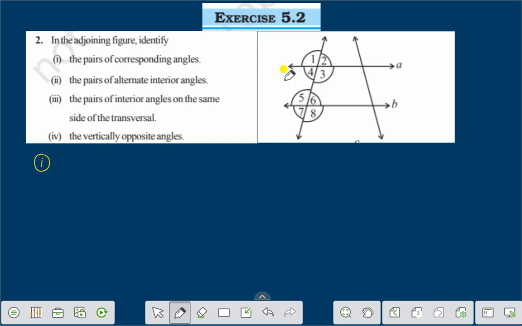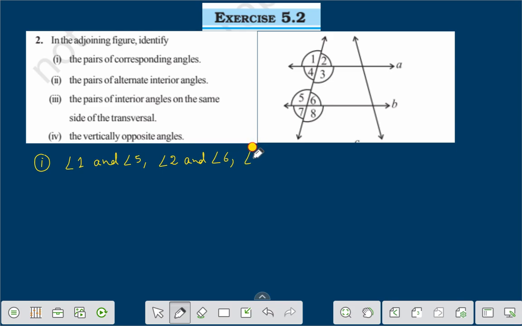First of all, you find the corresponding angles. Here you see that angle 1 and angle 5 are corresponding angles. Angle 2 and angle 6. Angle 4 and angle 7.